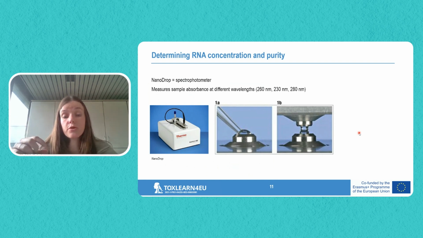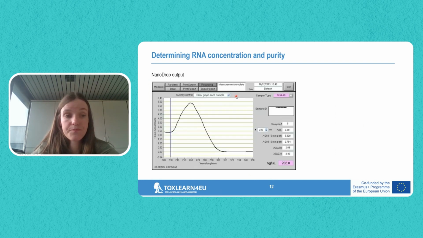And this basically works the same way as a cuvette and a normal spectrophotometer. So the system will send light through the sample and then measure the absorbance at different wavelengths, specifically at 260 nanometers and also at 230 and 280 nanometers.